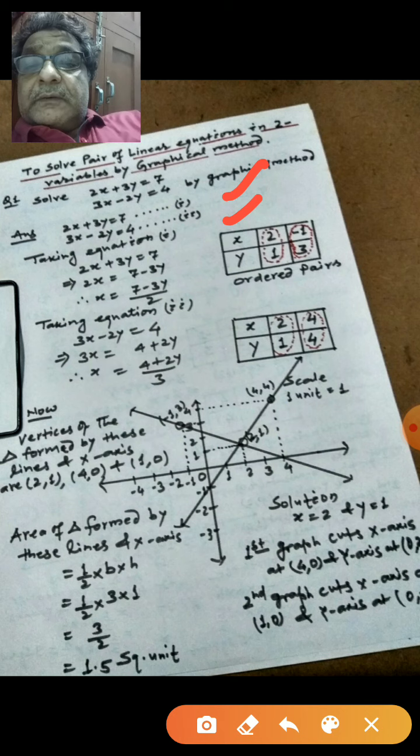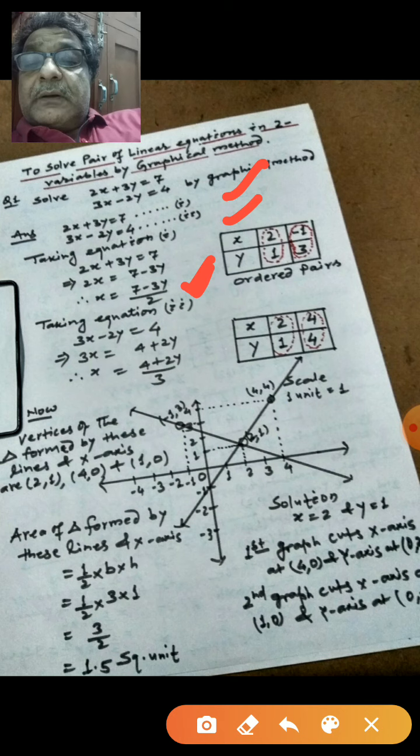Now taking the first equation, 2x plus 3y equals 7, 2x equals 7 minus 3y, by transposing the y term towards the right side, and finally x comes 7 minus 3y by 2. Now in this step, on the right side you are viewing the y variable, and on the left only x is there.